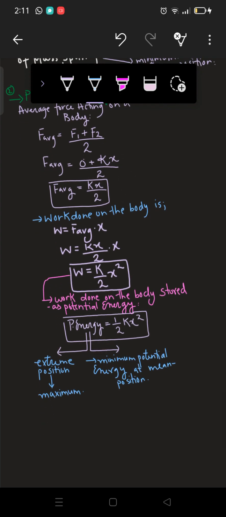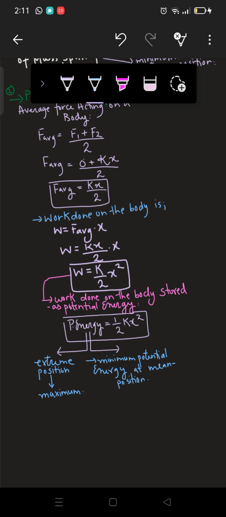Now work done by the average force is F average into x, where x is the displacement. So work done is kx over 2 into x. x into x is x square, so work is k over 2 x square. This is work done on the body stored as potential energy. So our potential energy also equals 1 over 2 k x square.